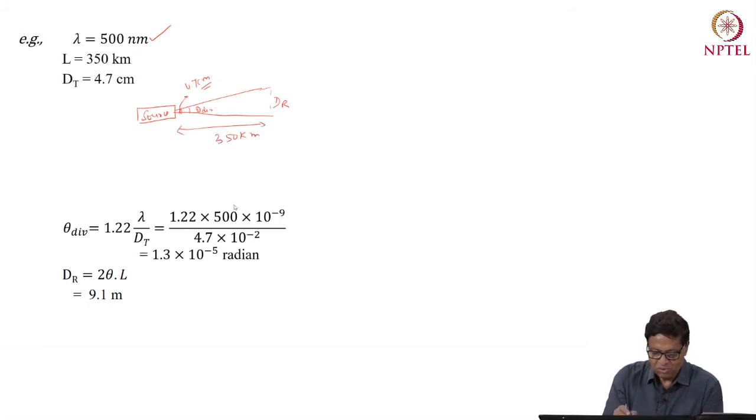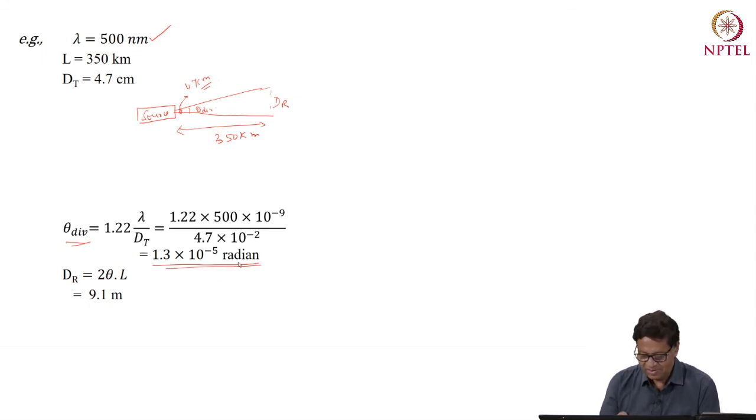So I want to know what theta divergence is required and what dr I will get. So for theta divergence, here I'm using the exact formula, 1.22 into lambda by dt. Earlier I have been using lambda by dt, but just to get some feel of the values, I have used 1.22 lambda by dt. Just putting these values, what you get is 1.3 into 10 raised to minus 5 radian.